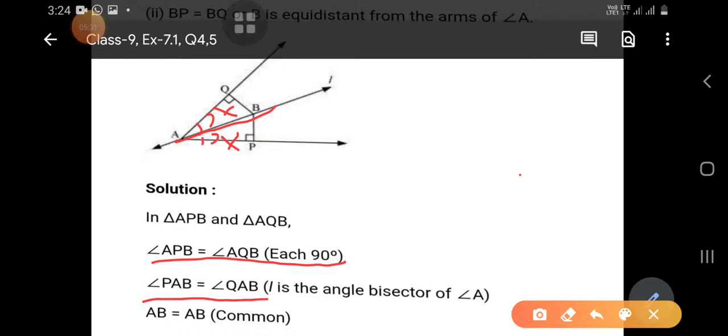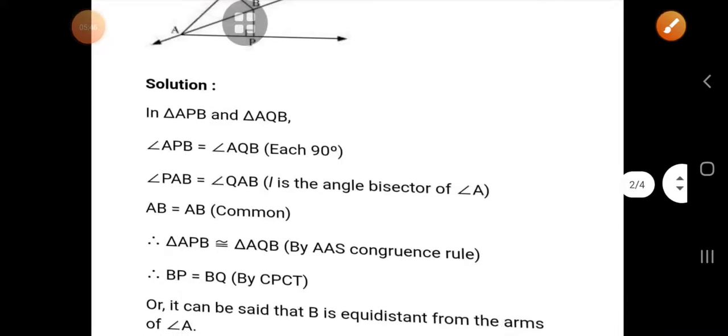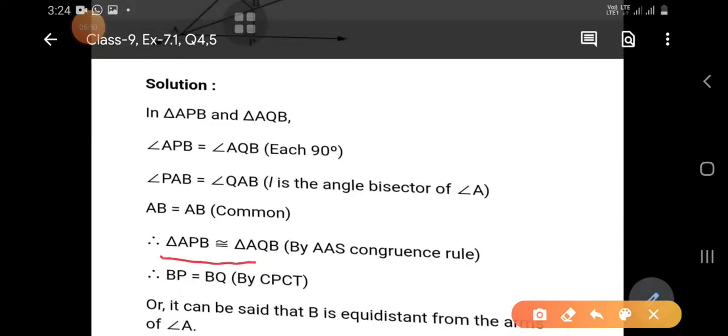Clear? Now you can see that the line AB is the common line in triangle APB and in triangle AQB. So AB is the common. So we can say that triangle APB is congruent to triangle AQB by the congruency rule, angle angle side.